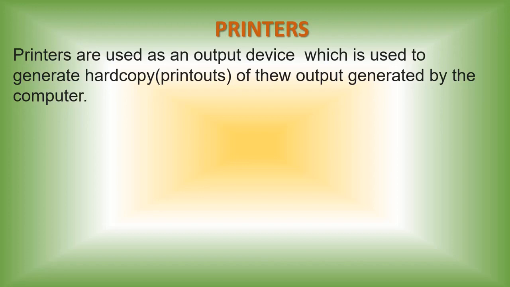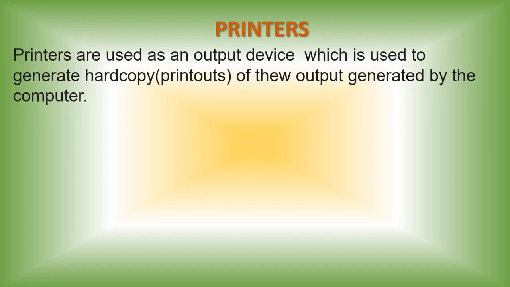Now printers are categorized into two. One is impact printer and another one is non-impact printer. Impact printer means printers in which the print head has a mechanical contact with the paper.